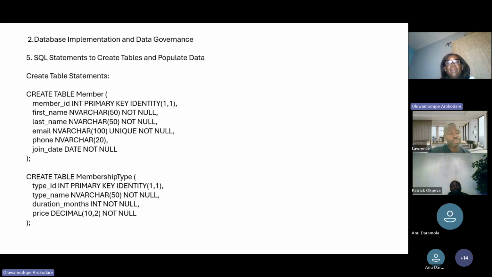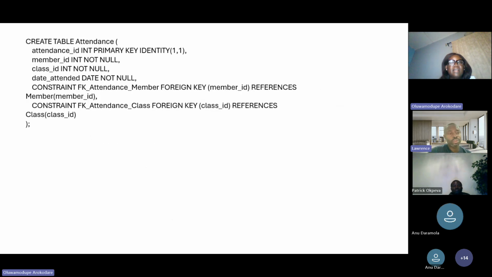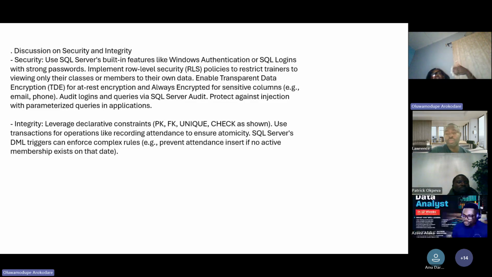I created a table for members, the membership type, the trainer, class, and the attendance table. And on the side of security, I built this SQL server to have features like Windows authentication and logins with strong password, so that there will be protection against injection with parameterized queries in the application. And for integrity, we leverage declarative constraints, PK, FK, and the rest of that.